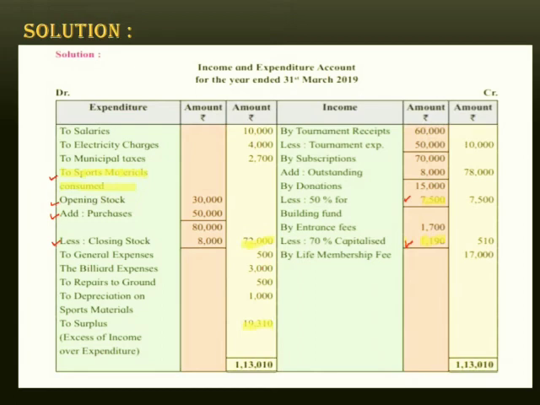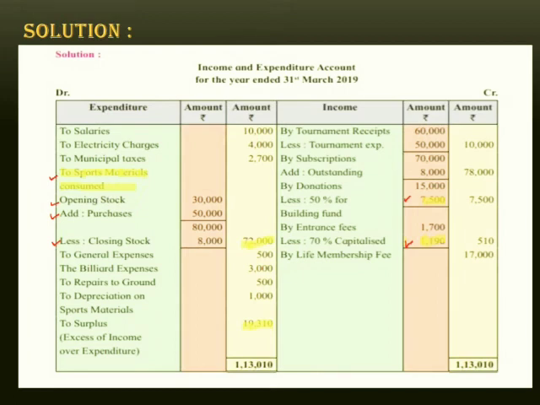Then general expenses paid, billiard expenses paid, repairs to ground, all these 3 expenses paid, and we have written directly to the outer column. Then cash in hand and cash at bank is there.